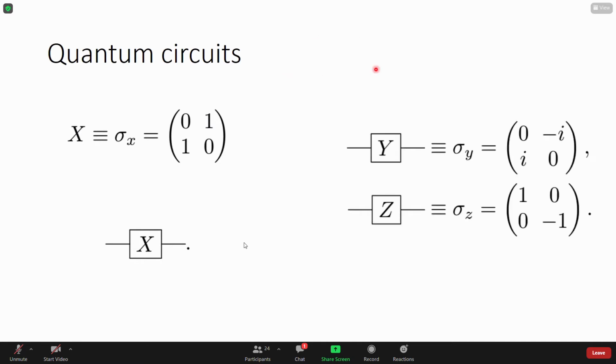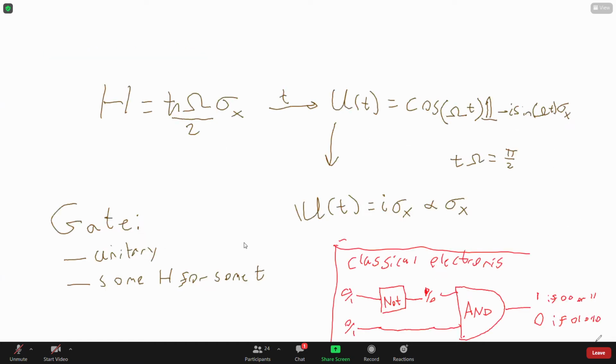Yes. So indeed, what you say is that the X and Y gates look different. So here you see how the Hamiltonians look, and then let me go to my whiteboard here and make a new drawing.